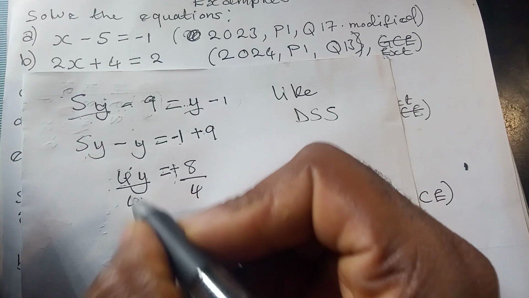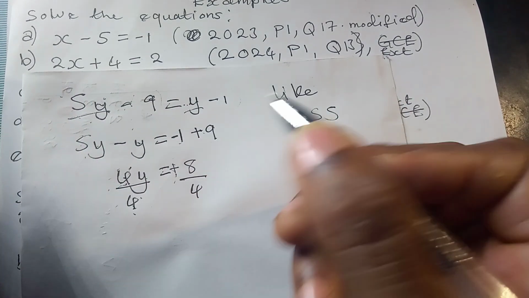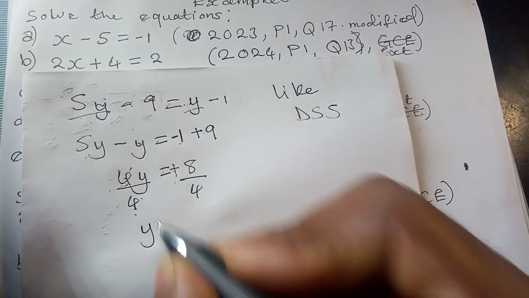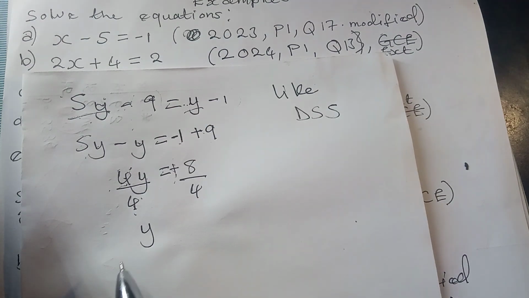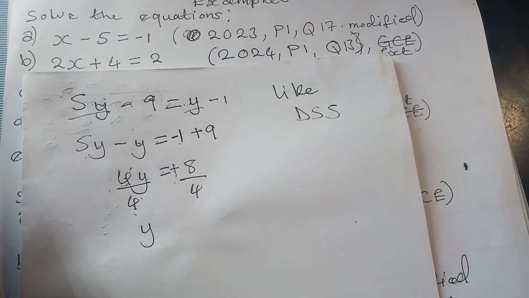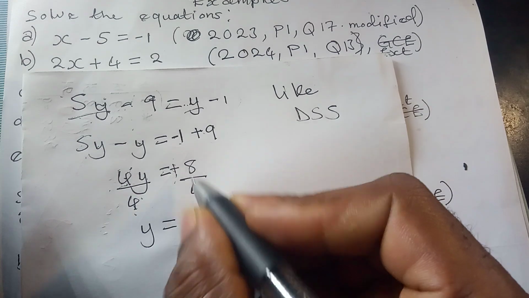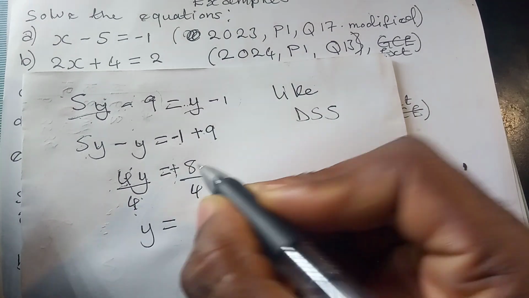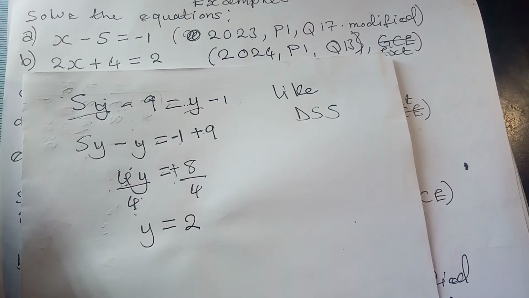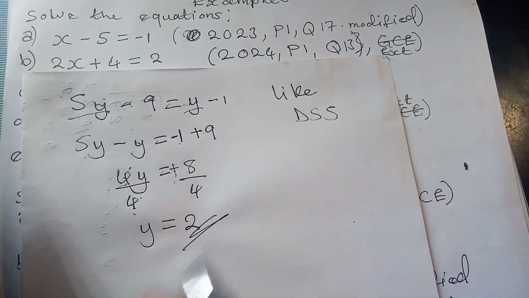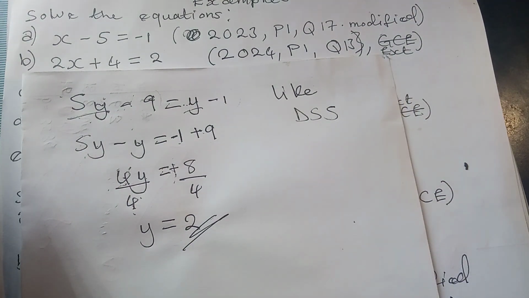So once I do this, 4 into 4 will give me a 1, which we don't normally write. We can just have a y like this. And then this side we have 4 into 8, which is 2. And you are done. Your y is equal to 2.